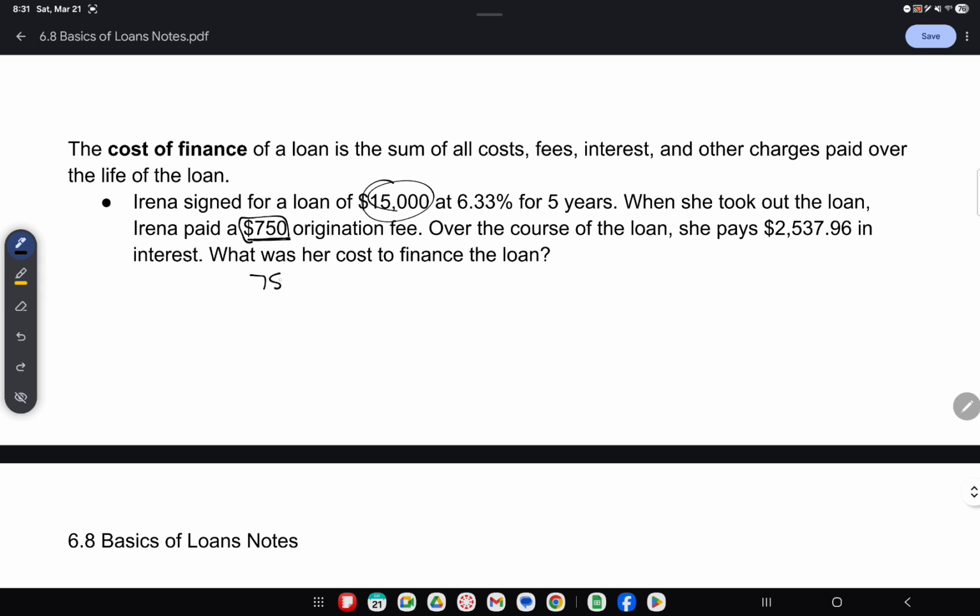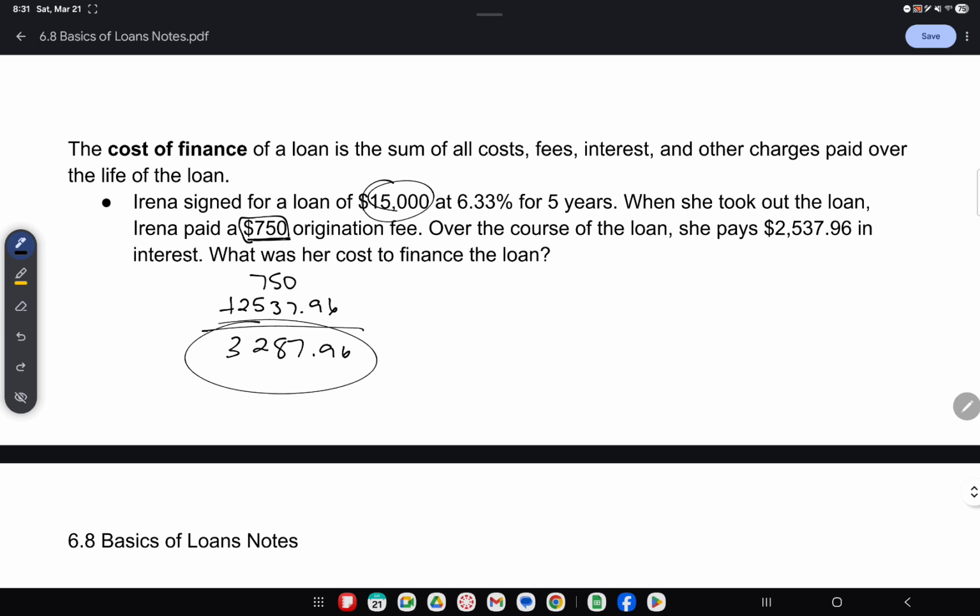So there was a 750 initial fee, and then over the course of the loan, there was that 2,537.96. So let's add those together. So 750 plus 2,537.96, and I get 3,287.96. So this is the additional cost. So that's the cost to finance the loan.